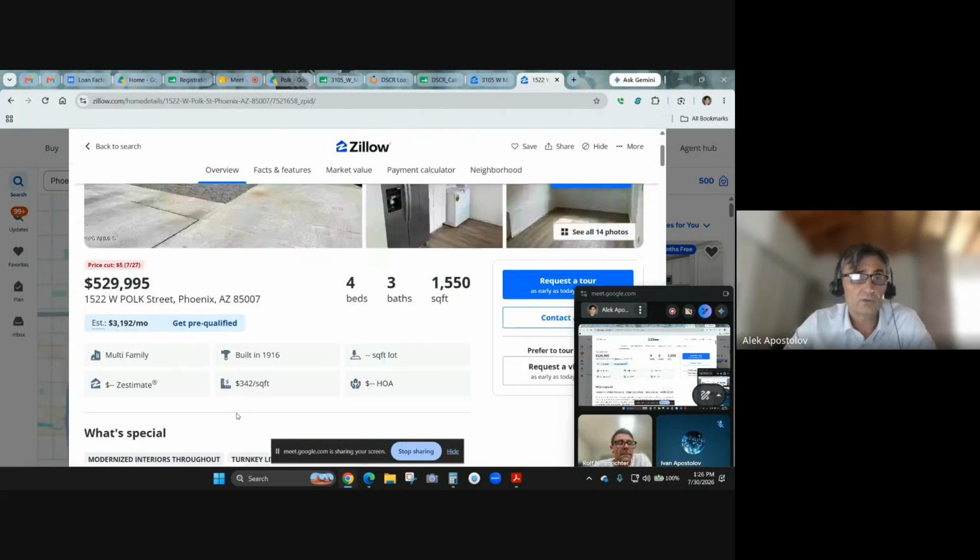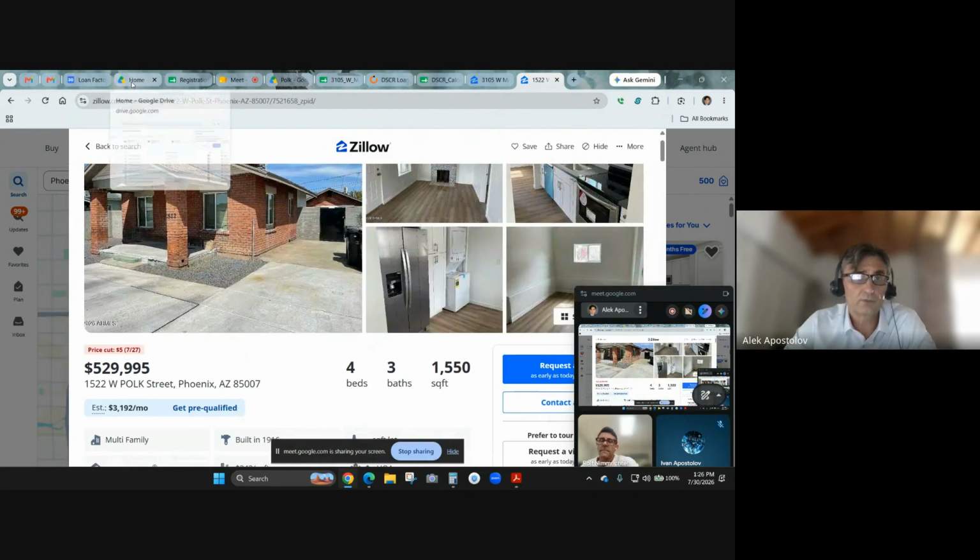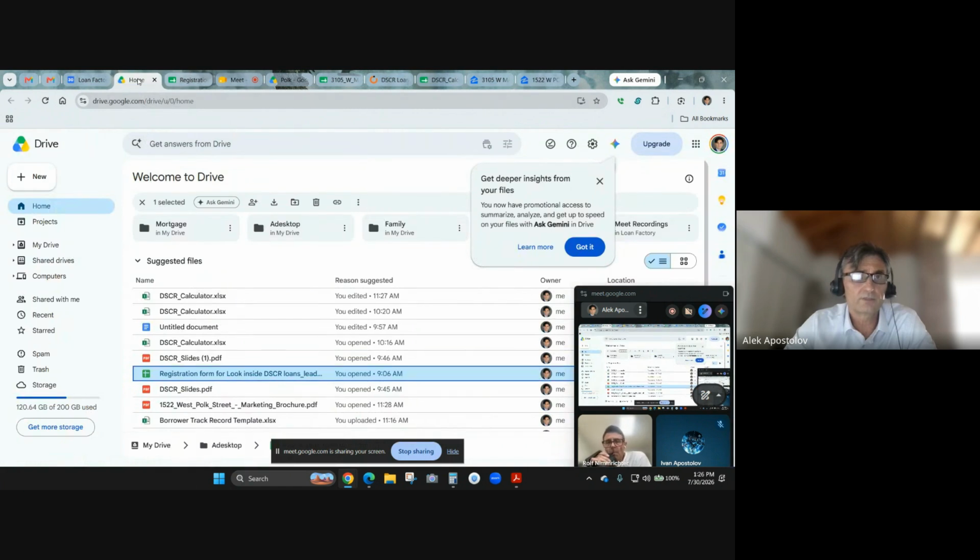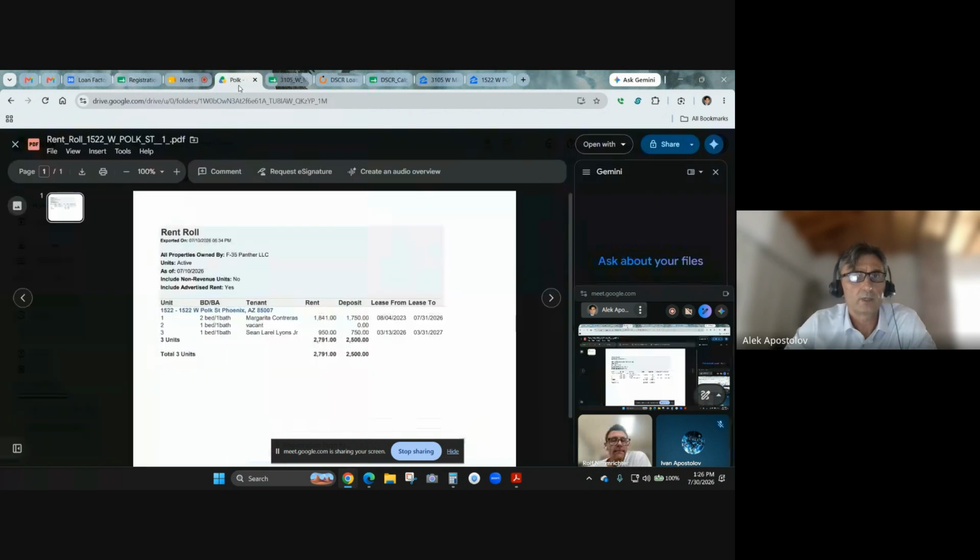So this is also a 3-unit, and we got the rent roll for this one right here. So it has 3 units. There's one that's 2 and 1. That one, as we can see, the lease expires tomorrow, and it's at $1,841.